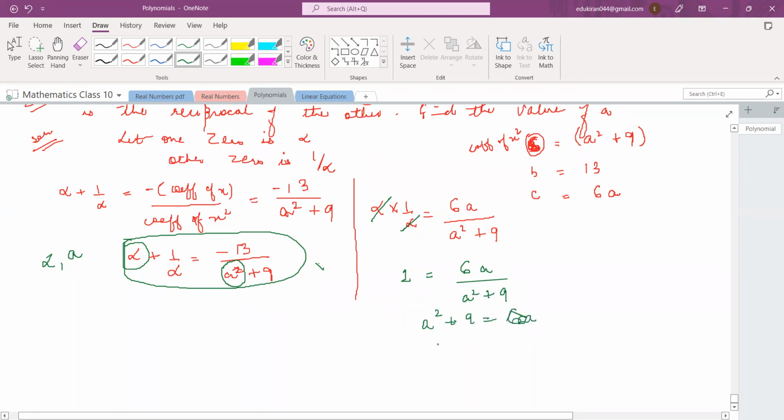This will be a square minus 6a plus 9, which is again a simple quadratic polynomial that you already know how to solve by splitting the middle term. Now quickly solve it and tell me what is the value of a here, all of you.